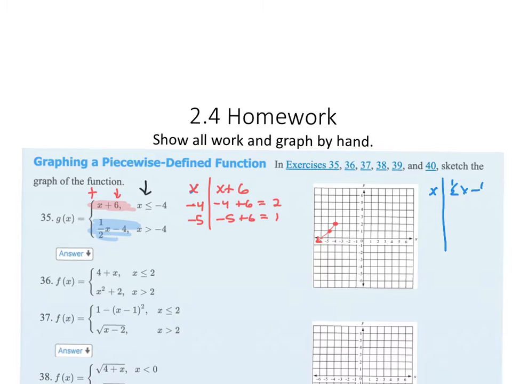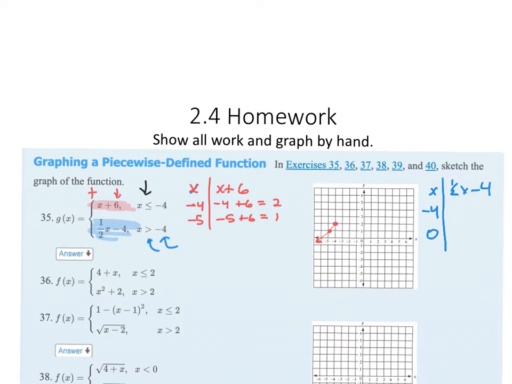1/2 x minus 4. I have to plug in the number that's here, but notice this inequality symbol, because it's just a greater than symbol. When I go to graph the ordered pair with the x value of -4, it will be an open circle. So if I plug in -4 and then I pick another number that's greater than -4, I'm going to plug in 0.